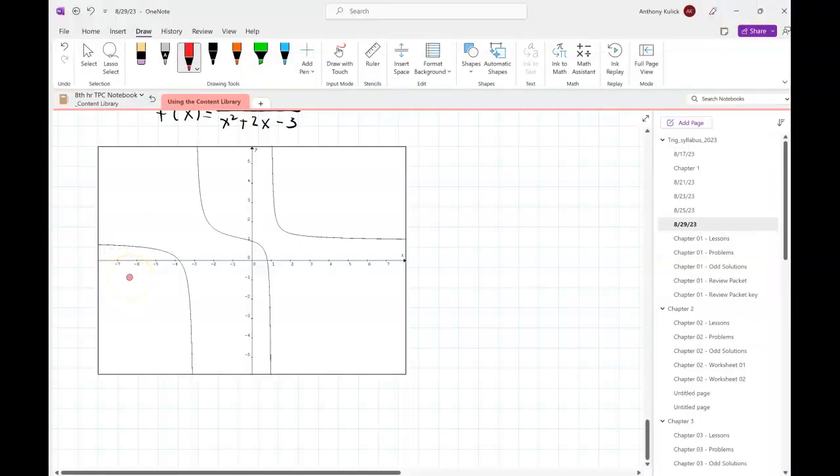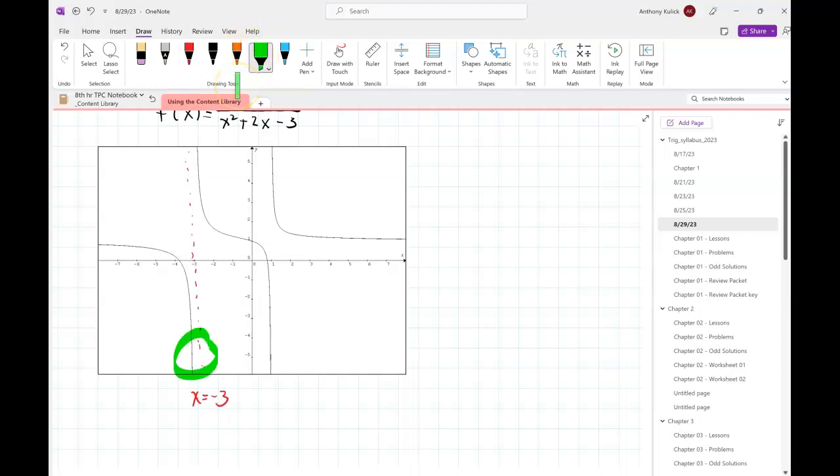All right, so I'm looking at this thing. If I look at this, I see 3 asymptotes. So I see a vertical asymptote appearing here at x equals 3. This is a vertical one because it's going up and down. Again, notice that the graph's getting close to that vertical line, but it doesn't ever look like it's going to cross it.